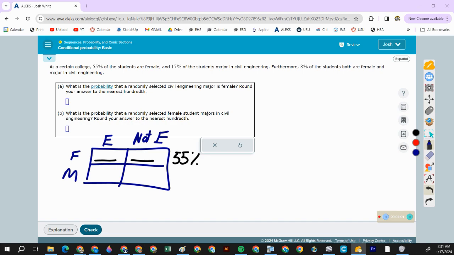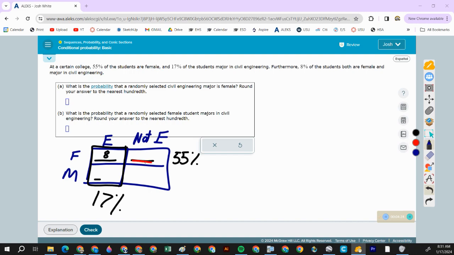17% of the students major in civil engineering. So these two add up to 17%. 8% of the students are both female and civil engineers. So this is an 8.